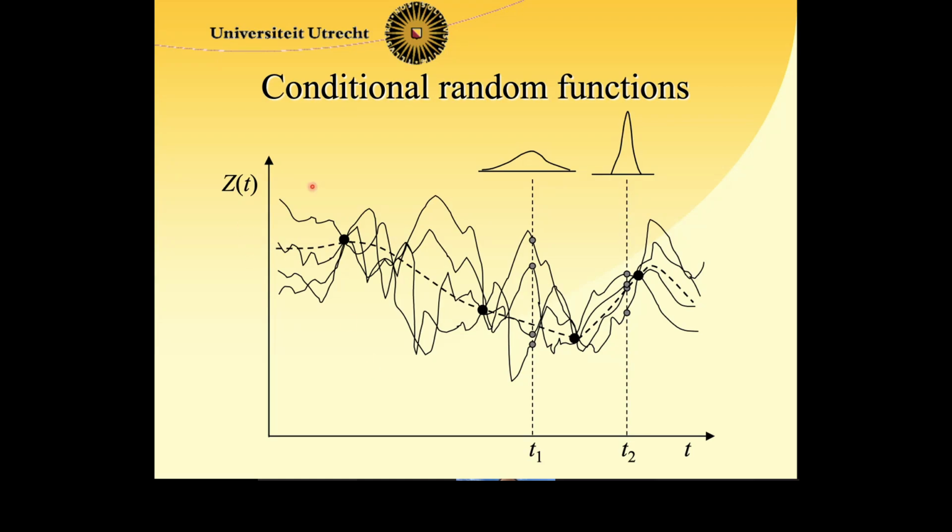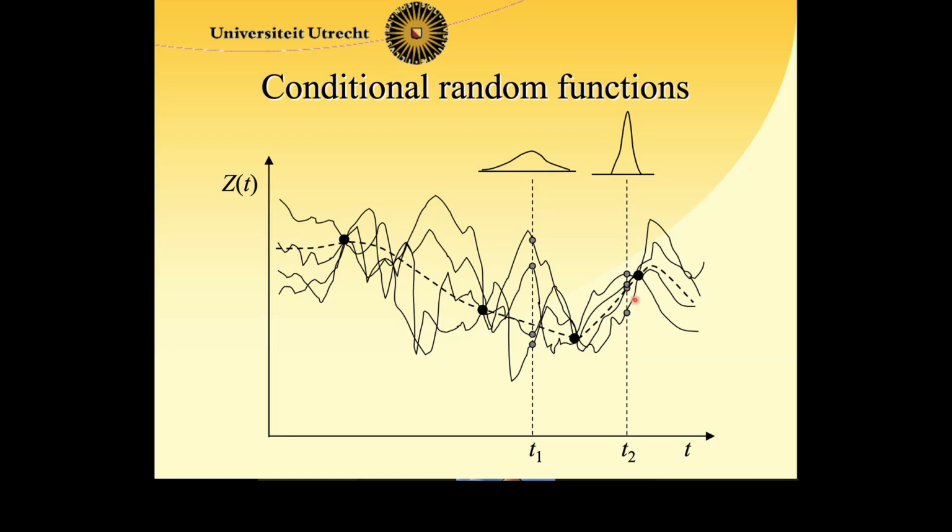And of course, what you see, these are 4 realizations of the random function, that obviously, if you are further away from an observation, then there is larger uncertainty than when you are close to an observation. And this is the conditional probability density function of the random variable at T1 between 2 locations, and this is one very close to a location.